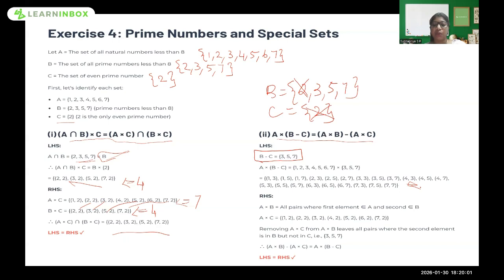Then we have to remove all the elements. So when you remove, of course, you will be getting all these 12 elements. You can please do it as homework, and you can find that LHS is equal to RHS. Please try it for yourself.